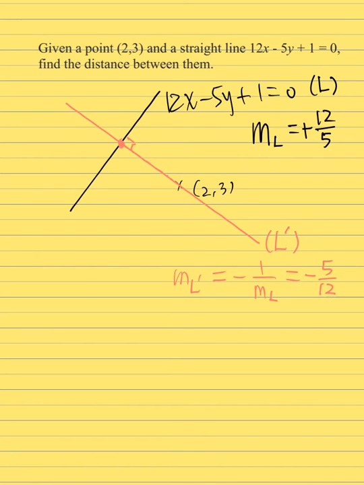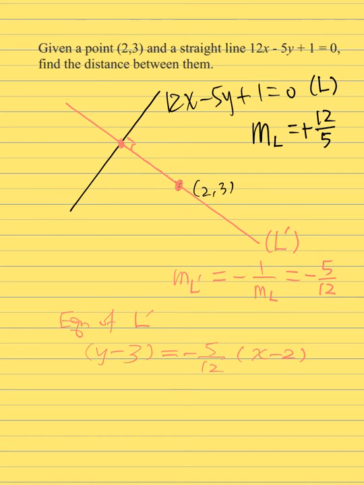Okay, and L prime passes through the point (2, 3). Therefore, the equation of L prime can be found by y minus 3 equals negative 5 over 12 times x minus 2.